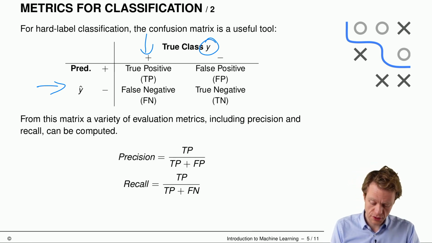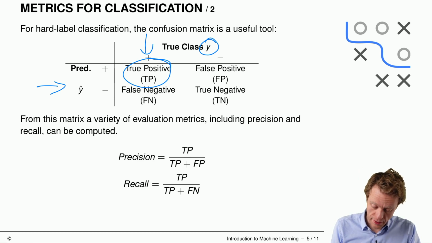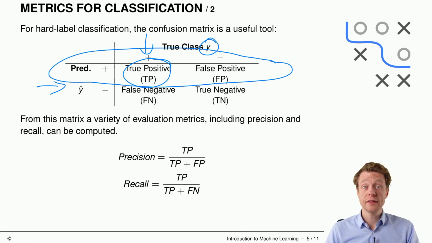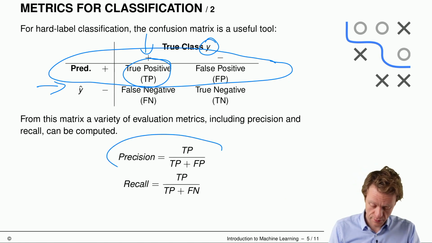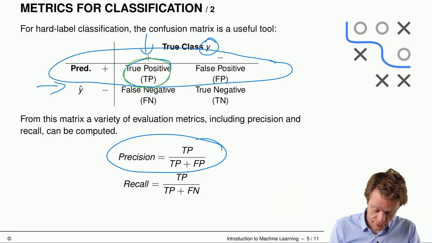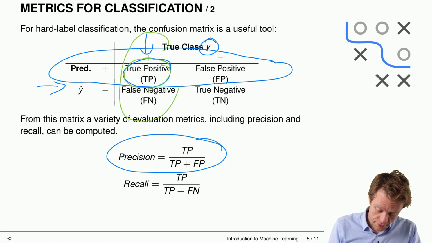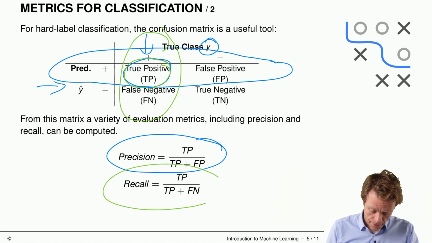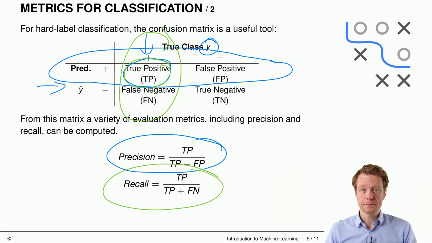So for example, if you divide the true positives by all the observations where we predict the positive class, then we get precision. And on the other hand, if we divide the true positives by all the observations which have the positive class as true class, then we get the recall.